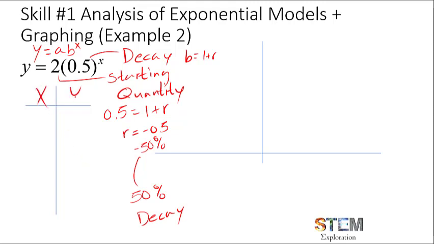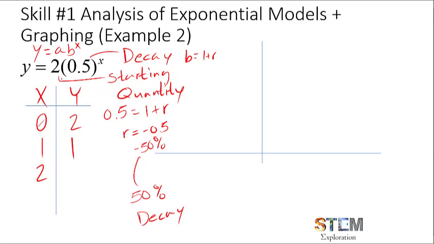If we say x and y and start plotting some of this out, if x is equal to 0, well, anything to the 0th power is 1. And so 0.5 to the 0th power is 1, and 1 times 2 is simply 2. We plug 1 in for x. 0.5 to the first power is just 0.5. 0.5 times 2 is 1.